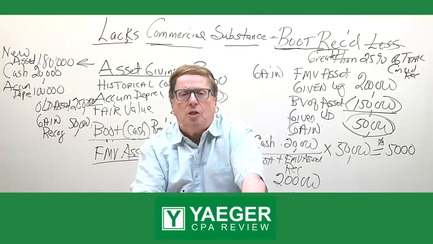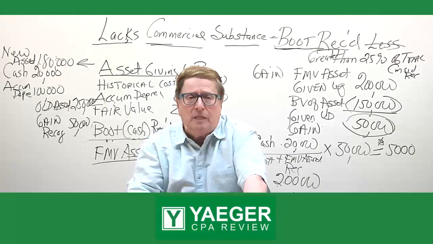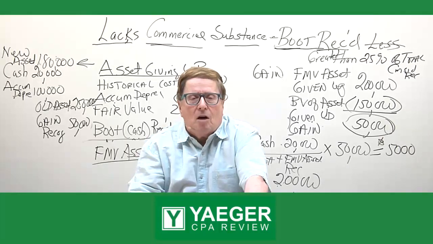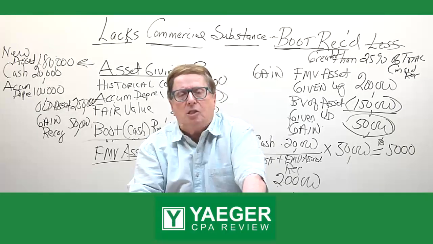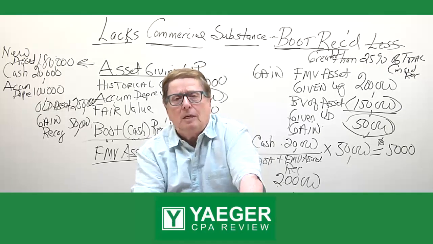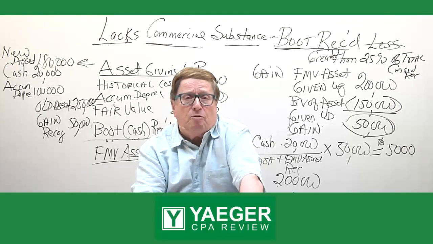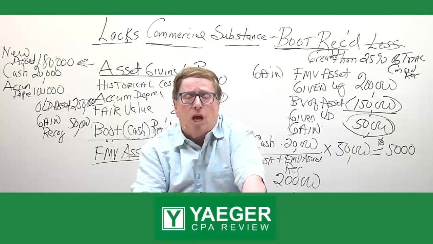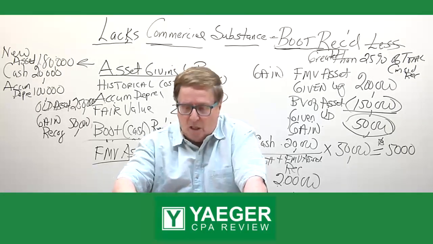You make the journal entry, and you're going to credit the gain. Now, you're going to get rid of the cost of the asset surrendered, credit the asset surrendered, debit the accumulated depreciation of that asset surrendered. Now, see if there's any cash received or paid. Just debit or credit that, and then the plug would be our new asset, okay?